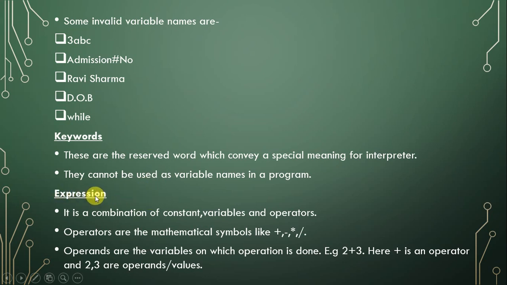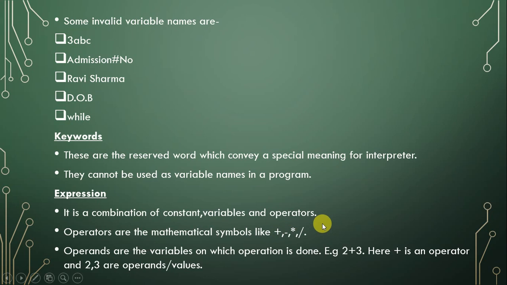Next is expression. An expression is a combination of constants, variables, and operators. Constants are the numbers 1, 2, 3, 4, 100, 200. Variables can be x, y, z, anything. Operators are the symbols, mathematical symbols like plus, minus, multiply, divide.